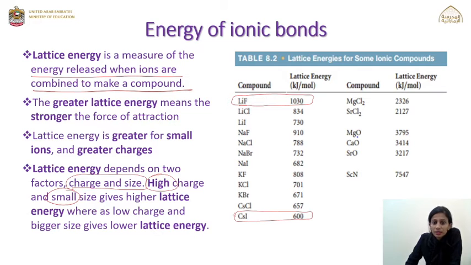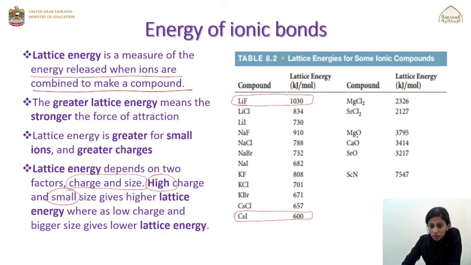Lithium fluoride has higher lattice energy because, if you refer to the periodic table, the sizes of lithium and fluorine are smaller. Cesium and iodine come down the group, which means their sizes are bigger. So these have weaker bonds, whereas LiF has stronger bonds.